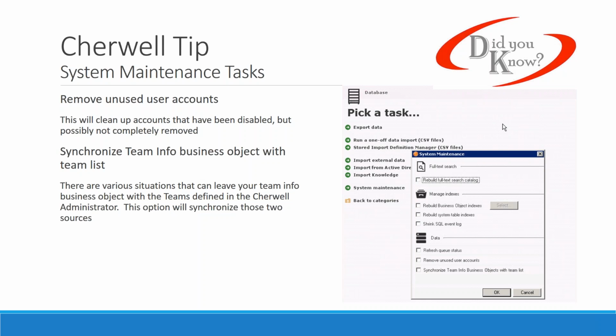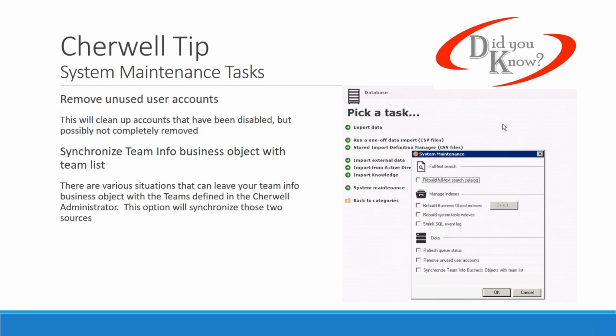That's because there's a disconnect between the list of customers that are actually in your table versus the list of customers that have been created. These accounts get set as unused, but they don't get actually removed from the table until such time as you use remove unused user accounts. So you may see a little bit of a disconnect between your two sources of information.